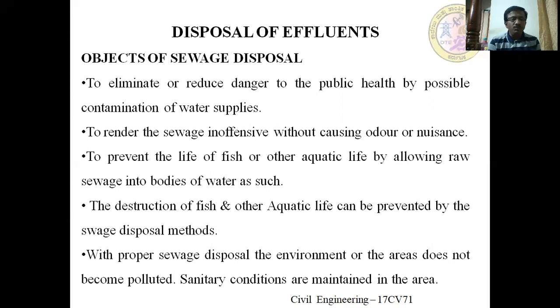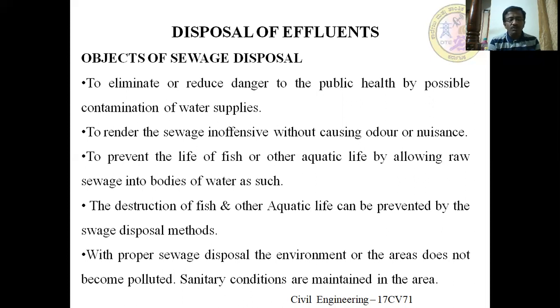Therefore, we are supposed to dispose of the sewage in such a way that it does not cause any nuisance in terms of aesthetic view as well as odor. To prevent the destruction of fish and other aquatic life by allowing raw sewage into bodies of water, we take into consideration the aquatic life present in the water.